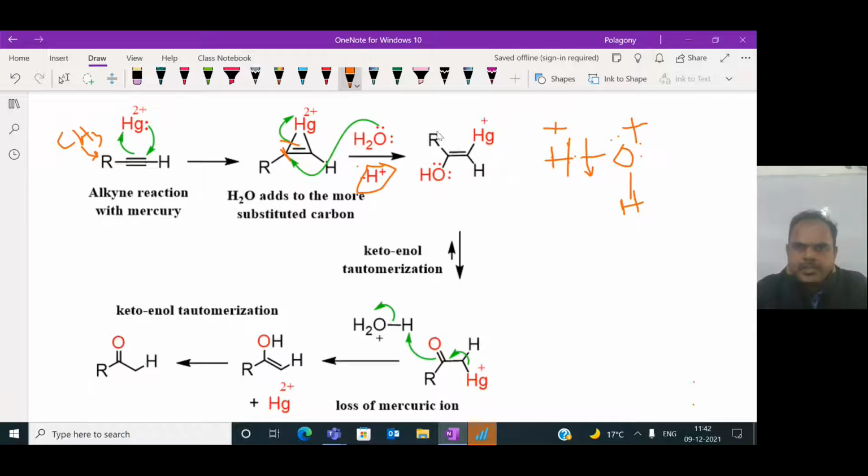Then this molecule, CH3-C(OH)=CH-Hg, undergoes keto-enol tautomerism.